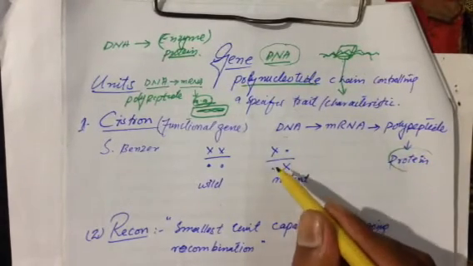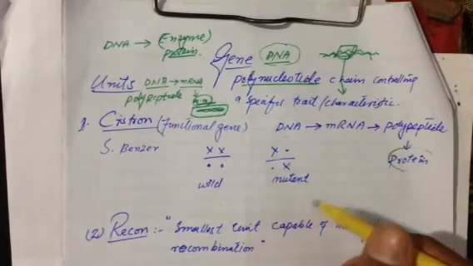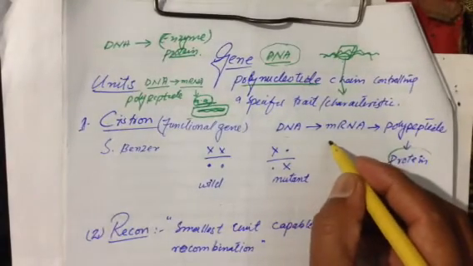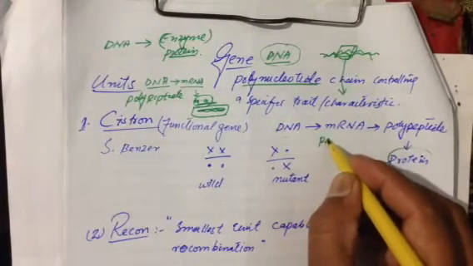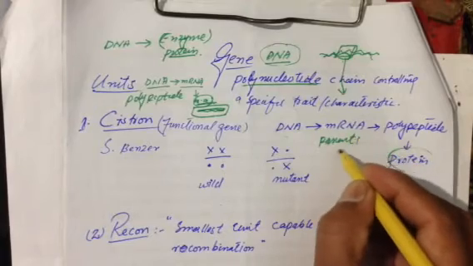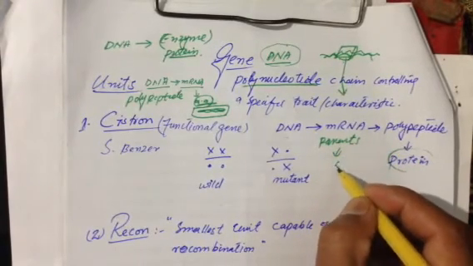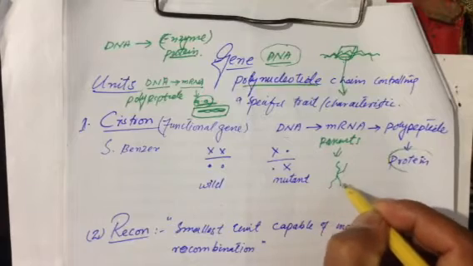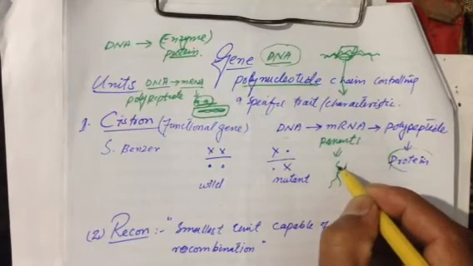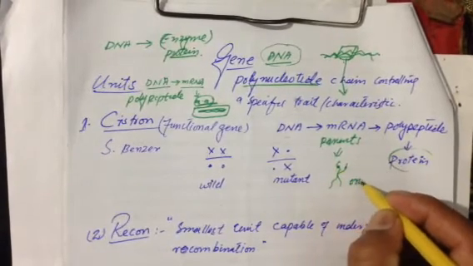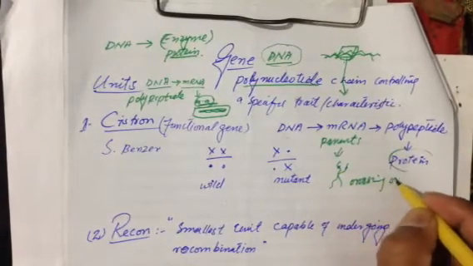But this is not the case, because from the parents, when the genes or the chromosomes go downwards, there is another process which is called crossing over.